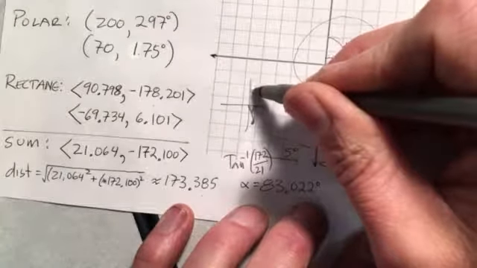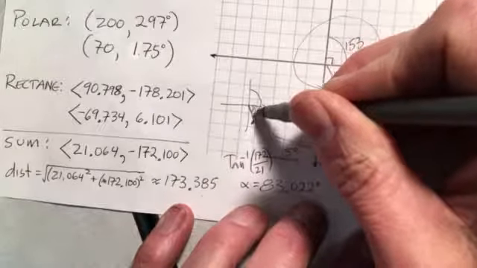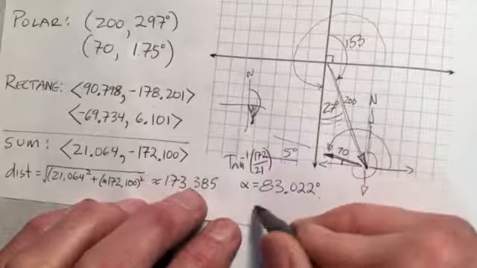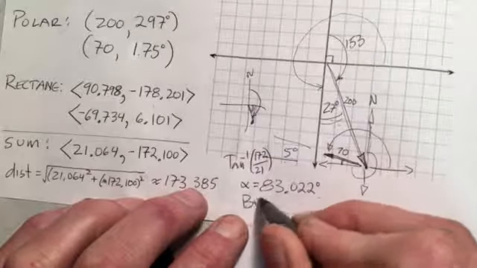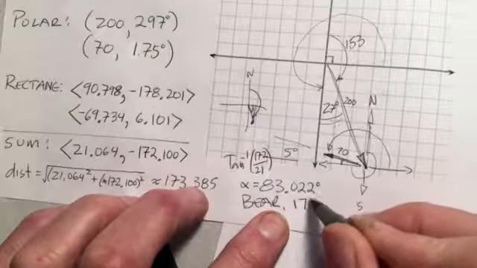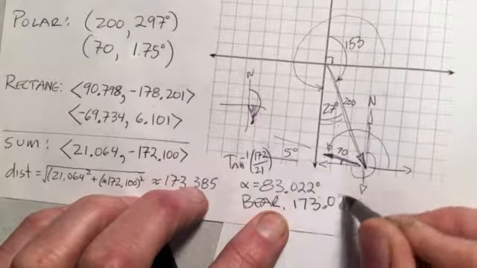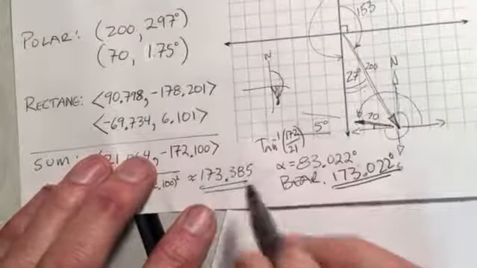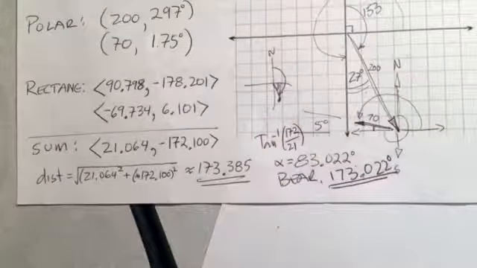So I need to add 90 degrees to that angle to come up with my bearing. So I just add 90 degrees and I will get a bearing of 173.022 degrees, and that distance home. So that's my final answer, and I'm sticking to it. Thanks a lot.